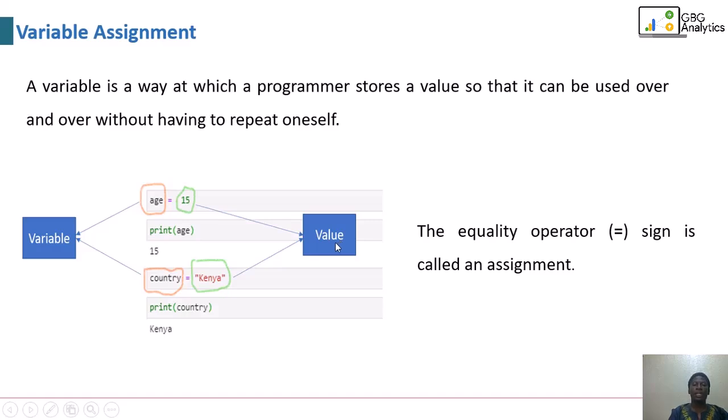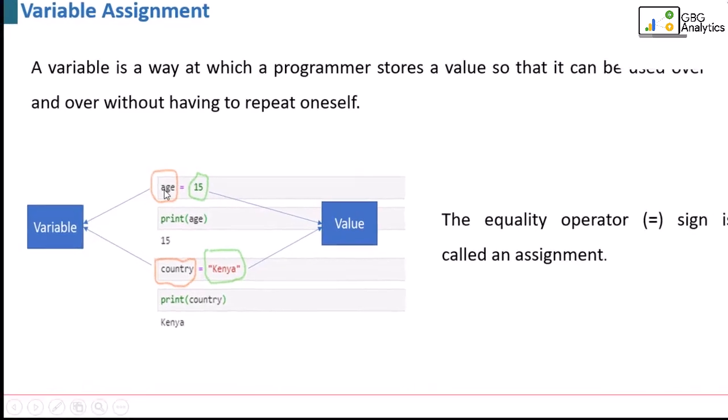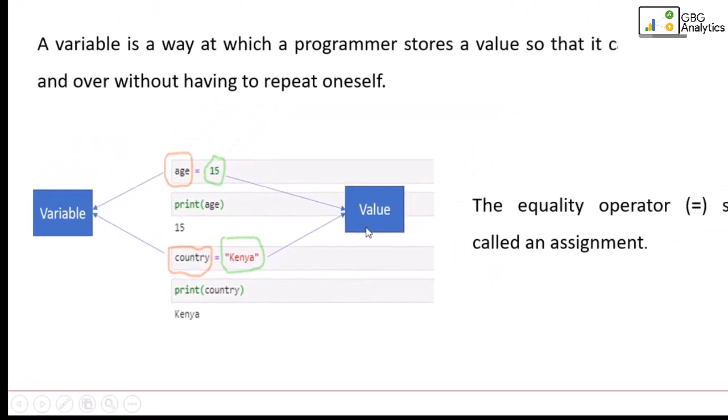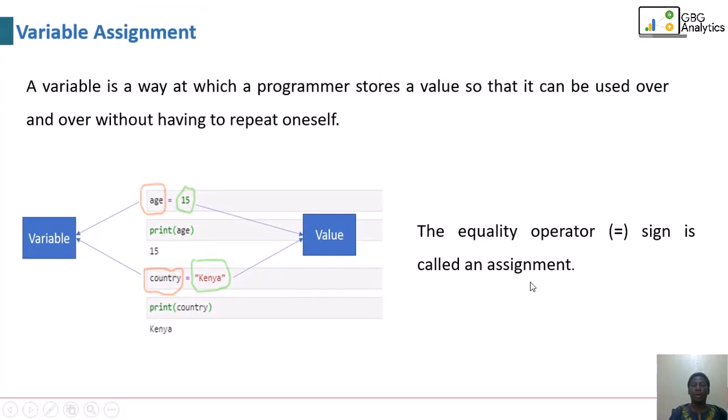When you print this variable, Python will print out this value, which is Kenya. Remember, this Kenya here is in quotation and that makes it a string data type, while 15 is an integer, and we store it into age. And as I said before, this equality sign here is what is called the assignment operator.